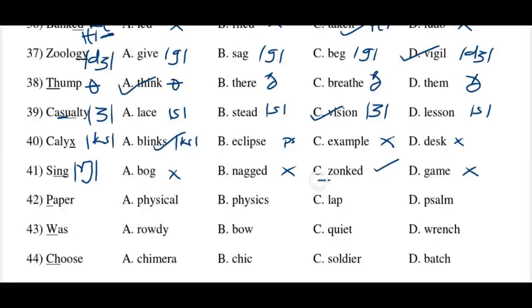So this is zonked, and that is the correct answer. It contains the same sound. Then we have paper, pa underlined. This is physical, out of place, physics, out of place, lap. Then Sam. In Sam, the P is silent.